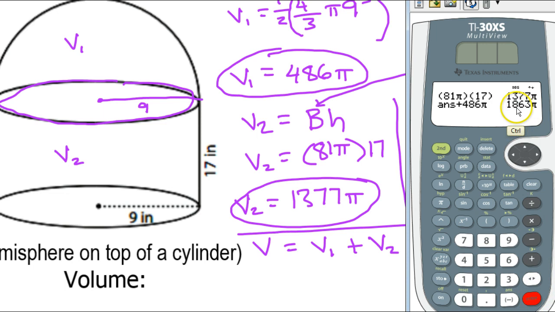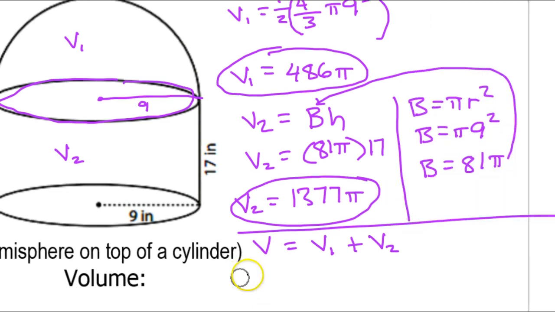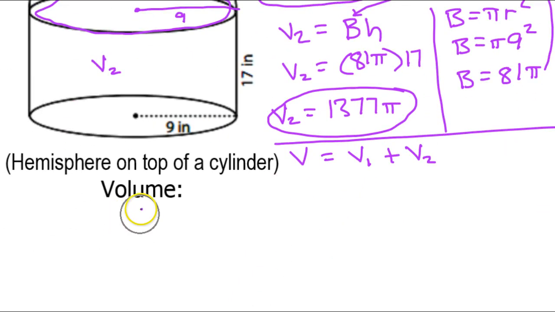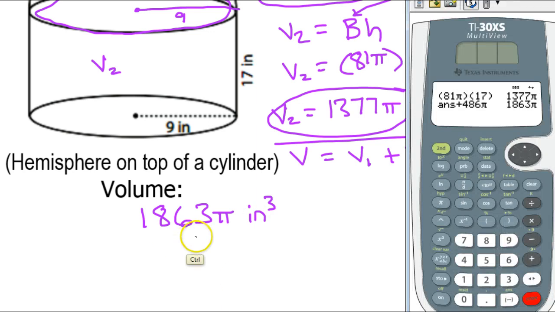Alright, so that is 1,863 pi. Okay, and the lengths were in inches, so the volume will be in cubic inches. And so that's the exact value.